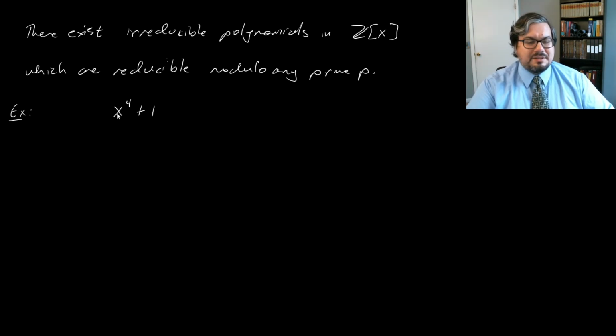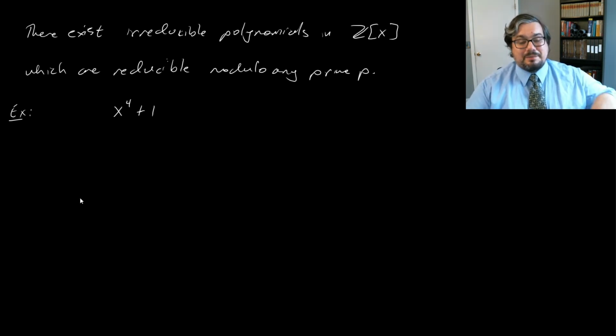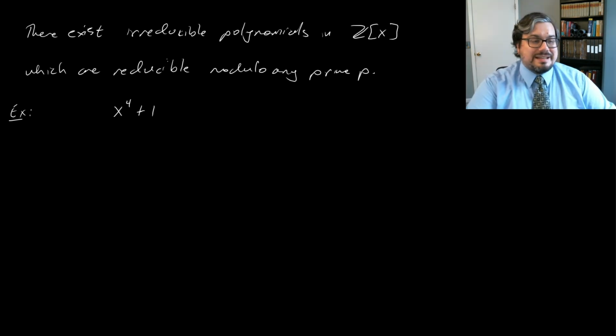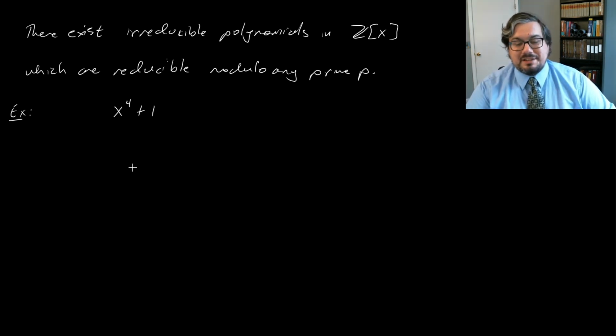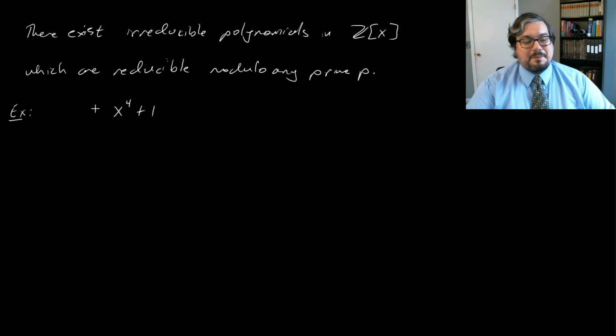You can always factor this polynomial after reducing to Z mod pZ for any p. So unfortunately, it's not quite the silver bullet that we would like, but there do exist irreducible polynomials which are reducible modulo any prime p.